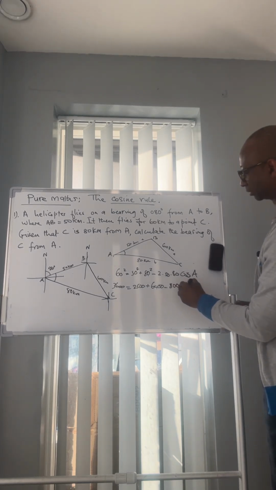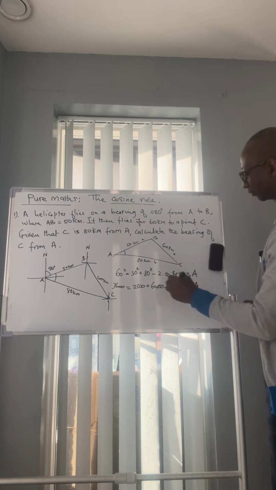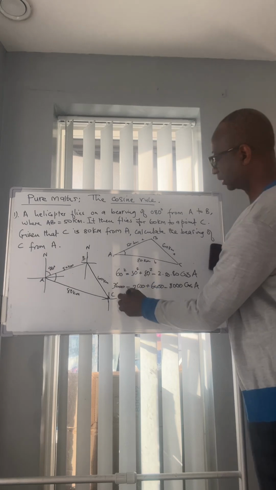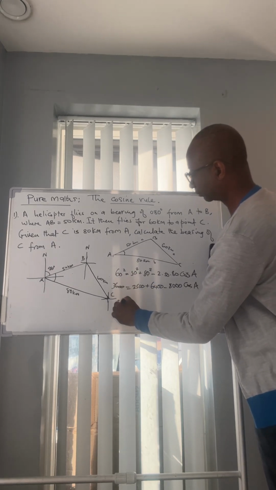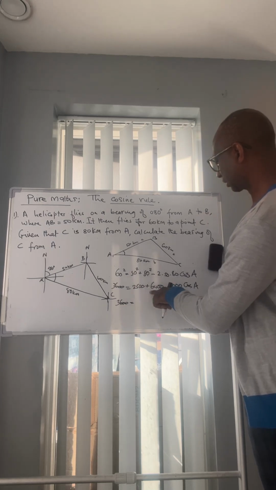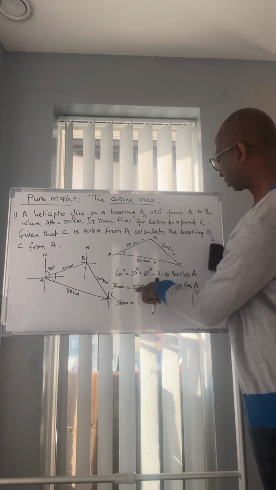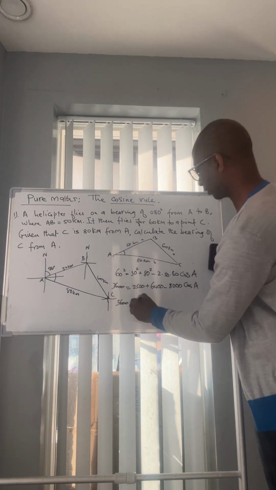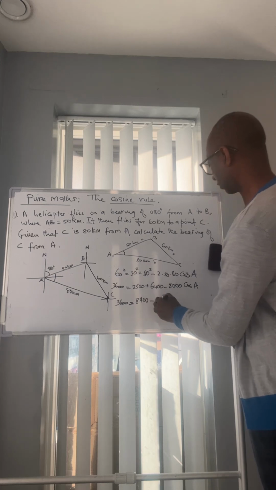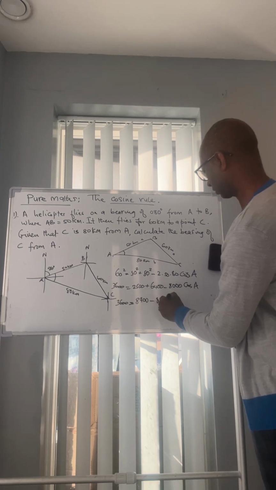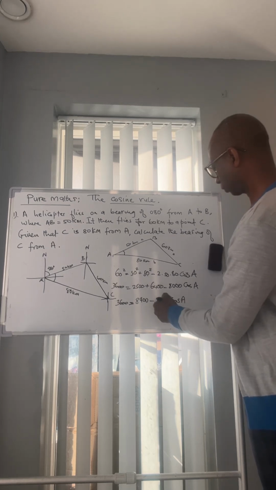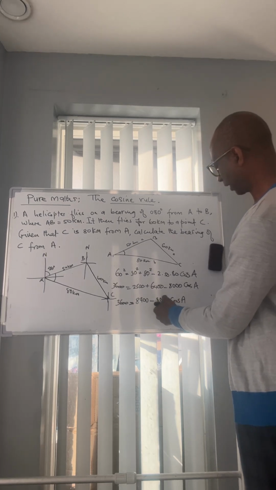So 8000 cosine of A. So here we have 3600 must be equal to 8900 minus 8000 cosine of A. So we have one unknown here, cos A.